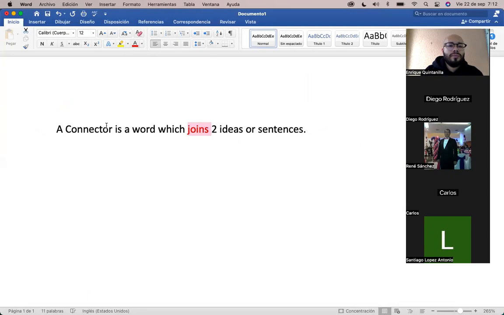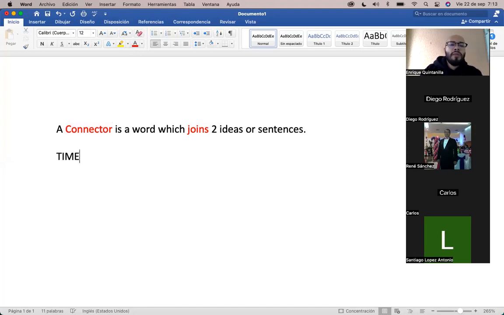It is used for joining, for giving examples. I would say that not only ideas and sentences, but also nouns.